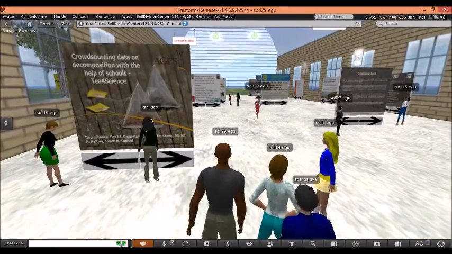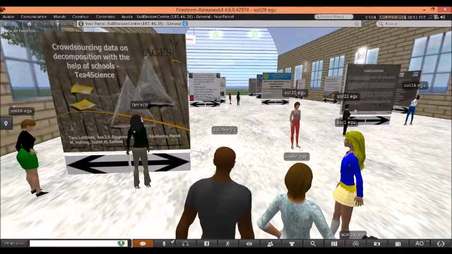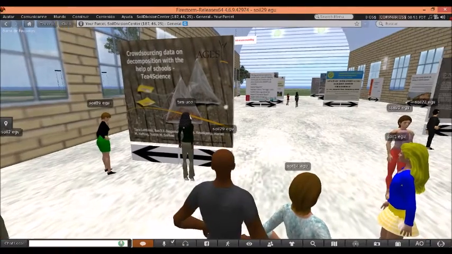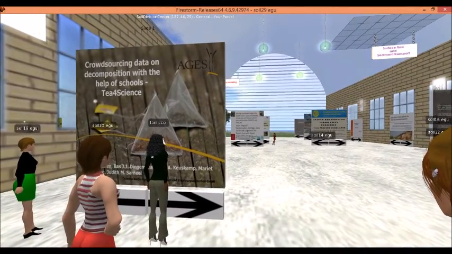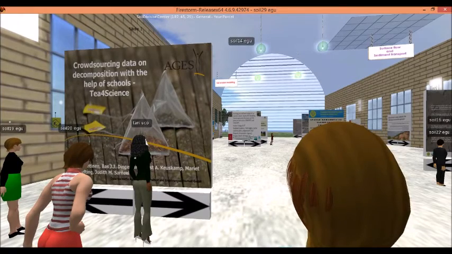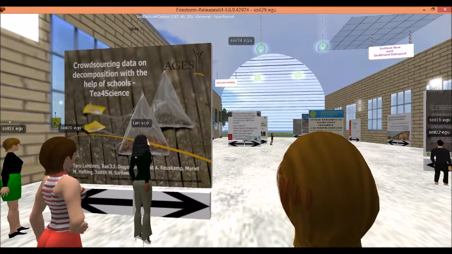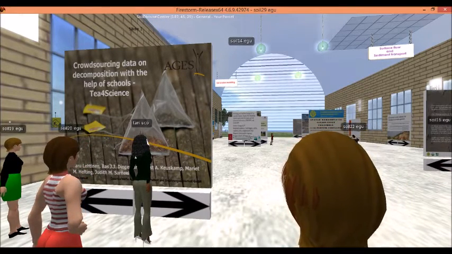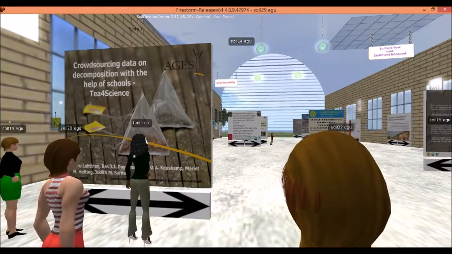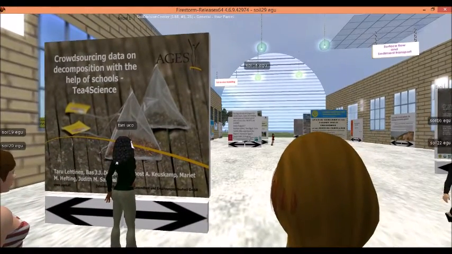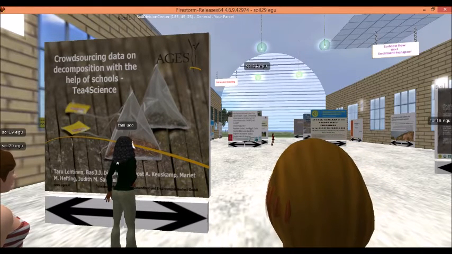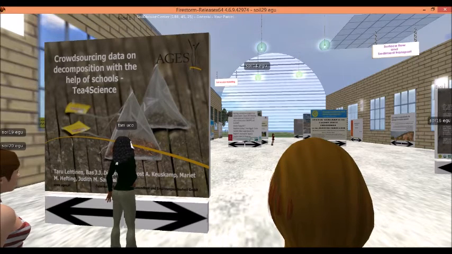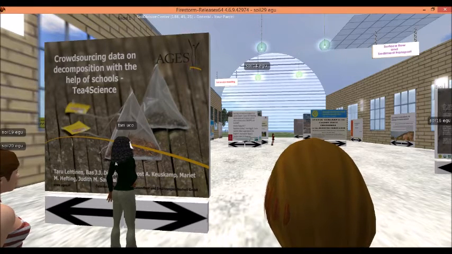Crowdsourcing data on decomposition with the help of schools, tea for science. Yes, okay. This first slide uses feedback, and I would like to explain measuring decomposition. So decomposition of soil organic matter means basically that the more complicated structures are turned into more stable ones.